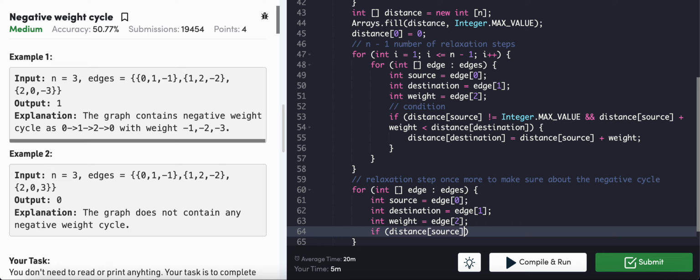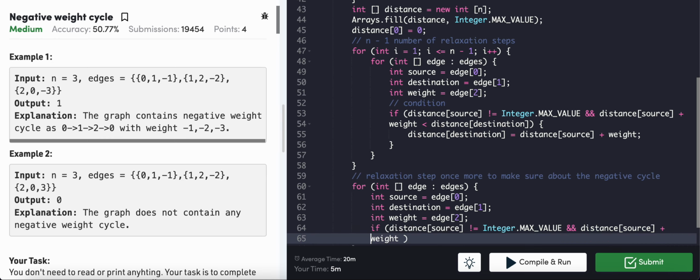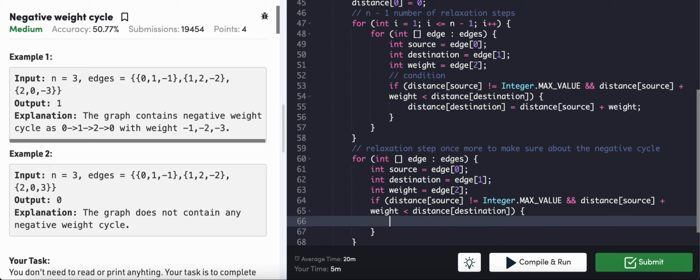Now once again, if distance of source is not equal to Integer.MAX_VALUE, and distance of source plus weight is less than distance of destination, if that condition is satisfied again, that means there is a negative cycle.